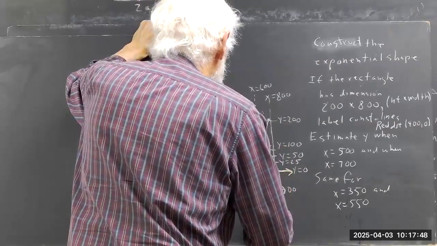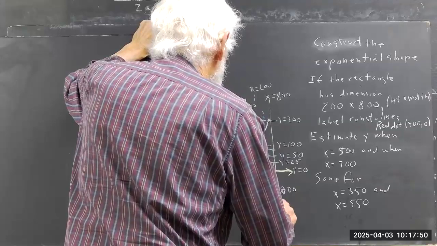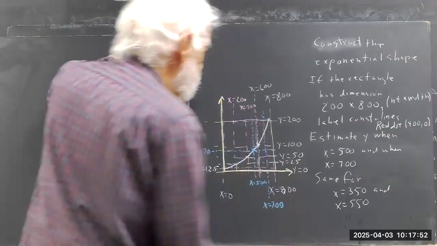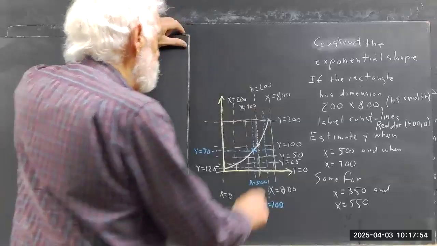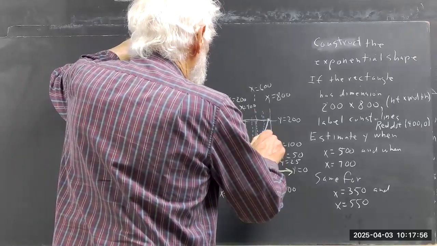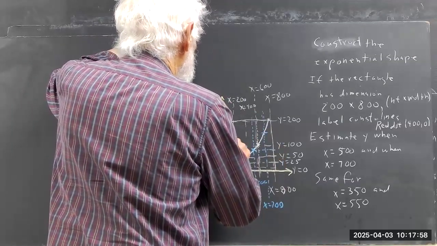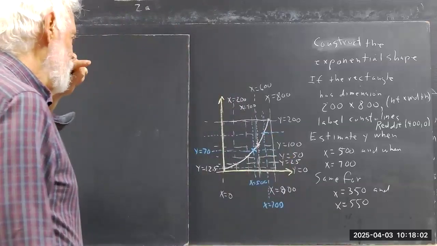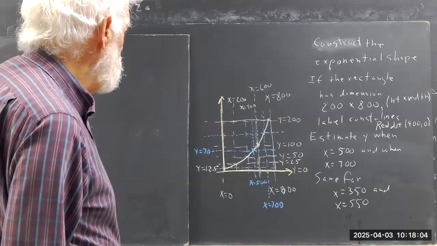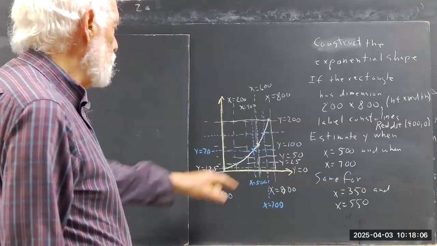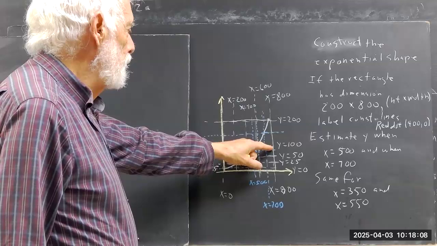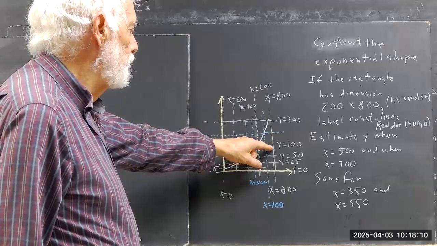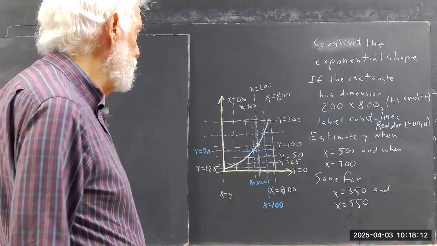So I'm going to say this line here is x equals 700. And now we've got a point on the line here. If we do a horizontal line through that point, it looks like it's between 100 and 200.